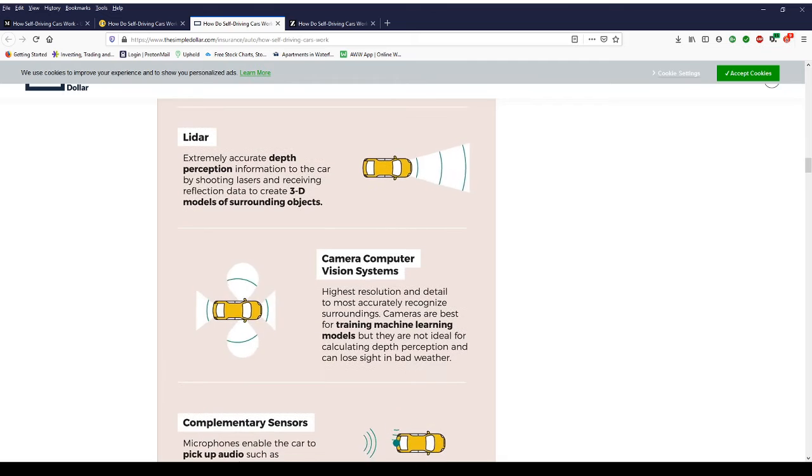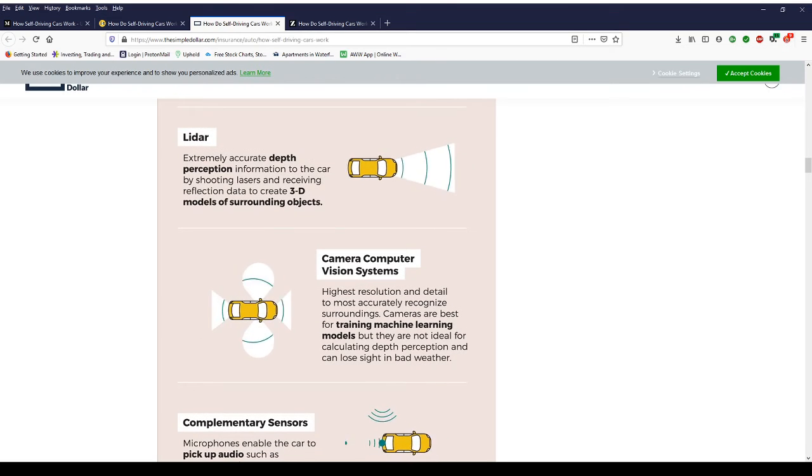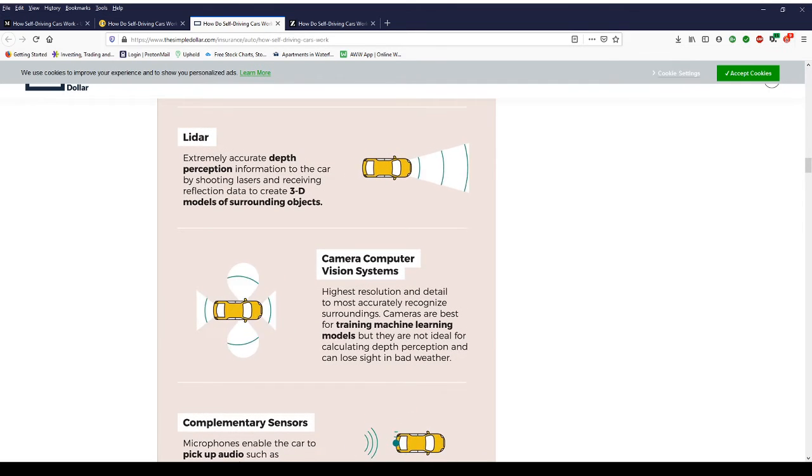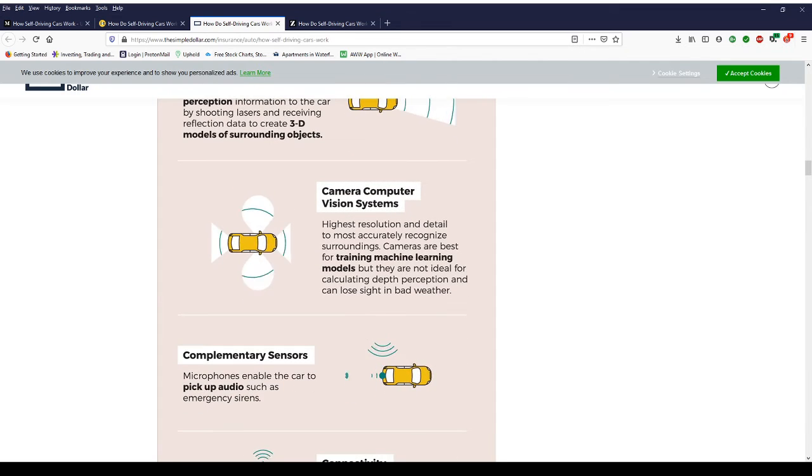It's a very nice technology that is being used in self-driving cars. And of course, camera and computer vision give you a clean picture of the objects, and you can manipulate those pictures by doing color filtering, object detection, and all those things.